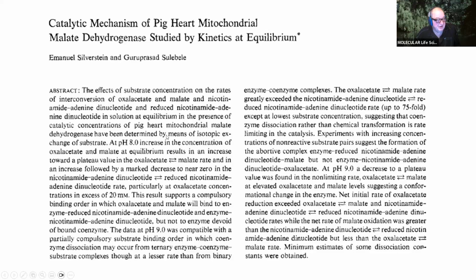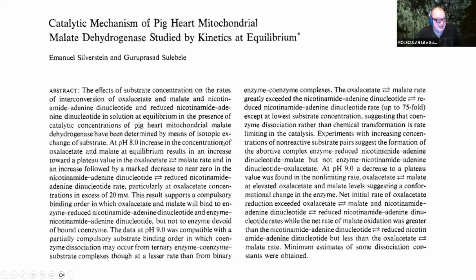etc. And then they look at the rate of exchange at equilibrium, and it lets them change concentration pairs of substrates at the same time. And it's probably the best experimental technique out there for determining whether or not you get these non-productive, or as I usually call them, abortive complexes.